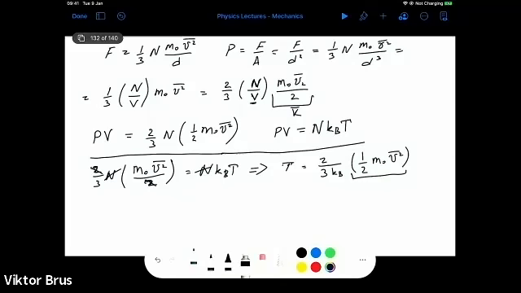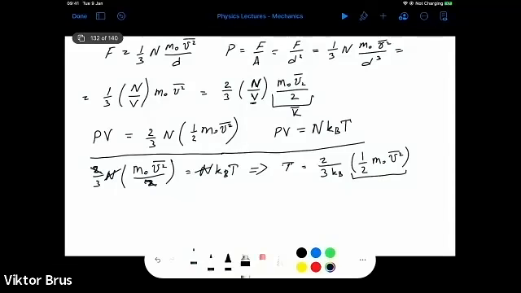So if we have a monoatomic ideal gas, then we can write that kinetic energy.